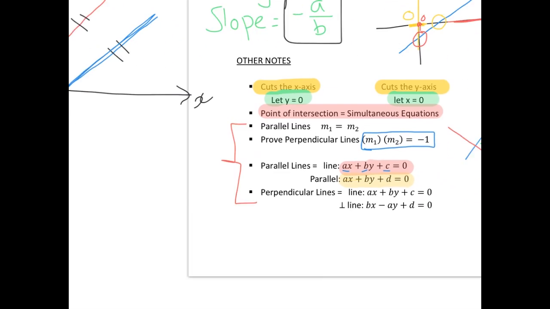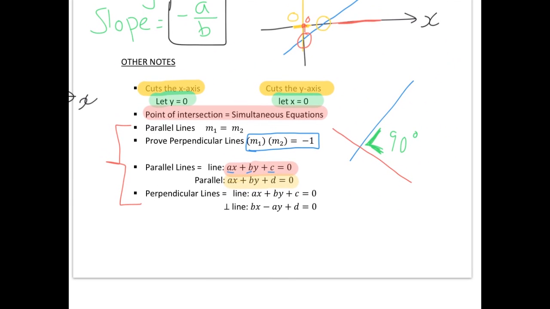Next, if we're to look at perpendicular lines, if you're given the equation of a line, ax plus by plus c equals 0, and asked to write down a line which is perpendicular, you need to write down a line which has equation that looks like bx minus ay plus d equals 0.